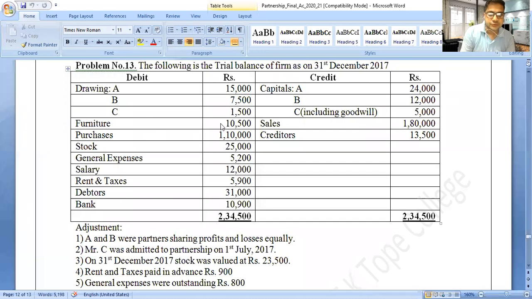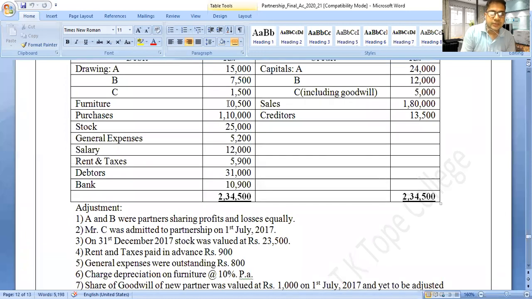After drawing, the next item is furniture. Furniture 10,500 is there. If you see the number 6 adjustment, charge depreciation on furniture at the rate of 10% per annum.